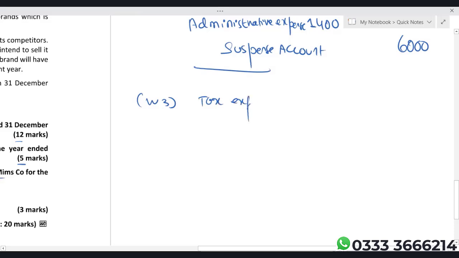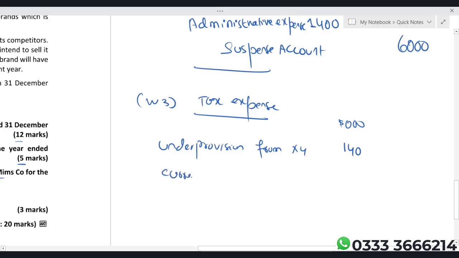We have under provision, and we know that under provision increases the current year income tax expense. Under provision from X4 is 140. In the current year, we do not have a 1,200 liability, we have a refundable. So the current year estimate is 1,200 refundable.